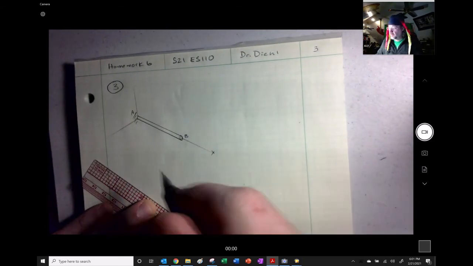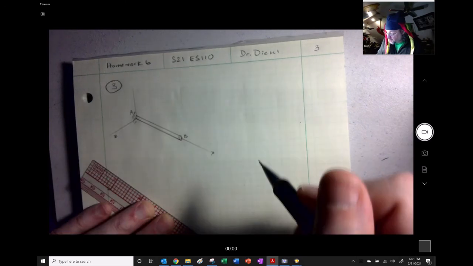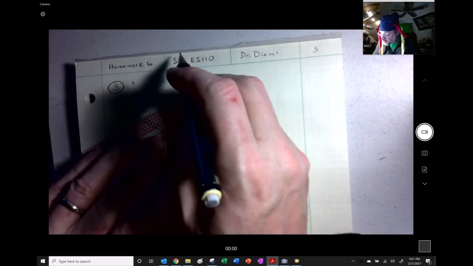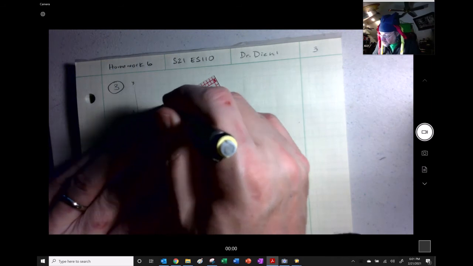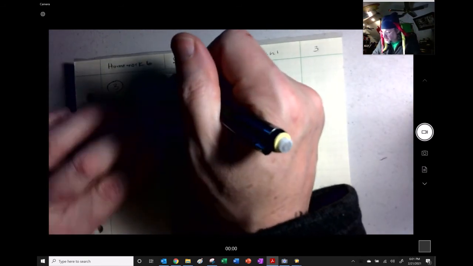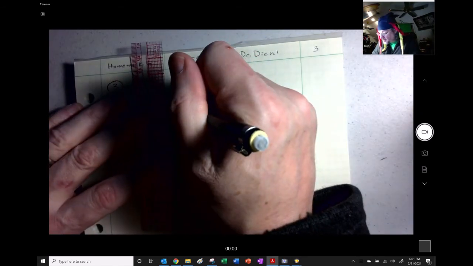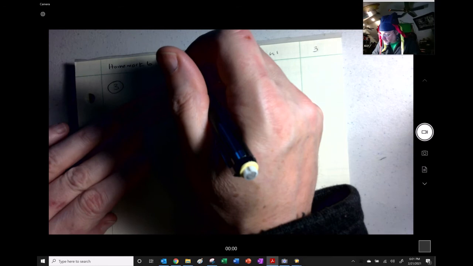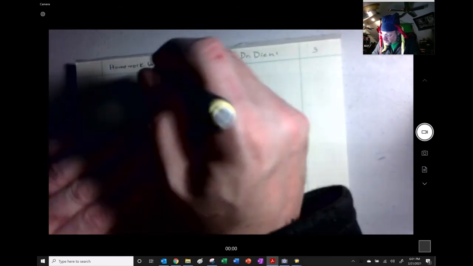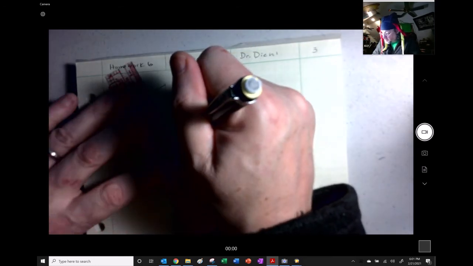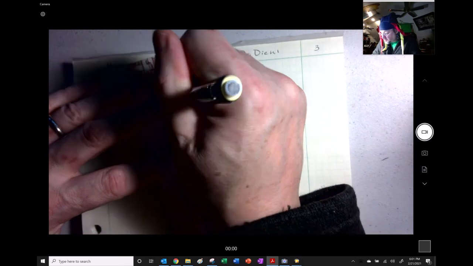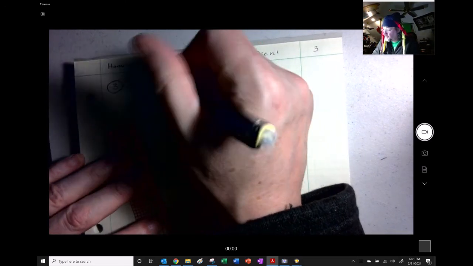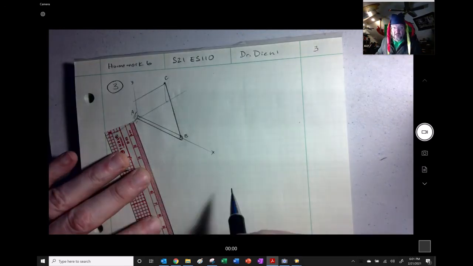This is the Z direction, here's the X direction, here's the Y direction, and then continuing over in the negative Z direction, we'll make it parallel over to here.